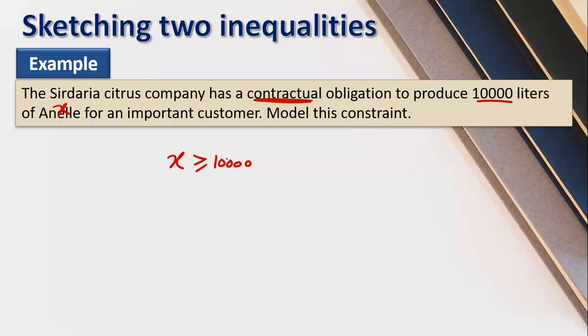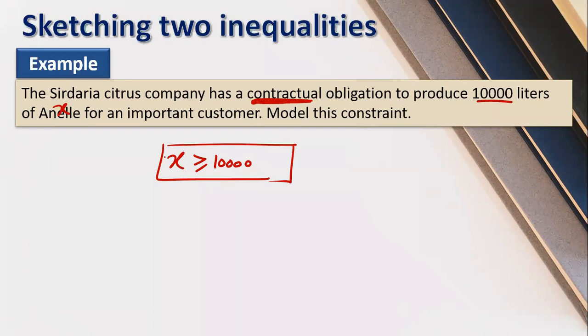They have to fulfill the contract they made with some customer. They might have more customers than him, so to satisfy the demand for the other customers, they should produce more than 10,000. Or if they don't have any other customer, at least they have to produce 10,000.